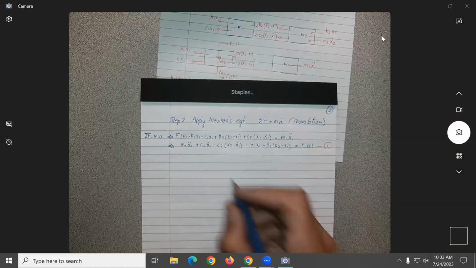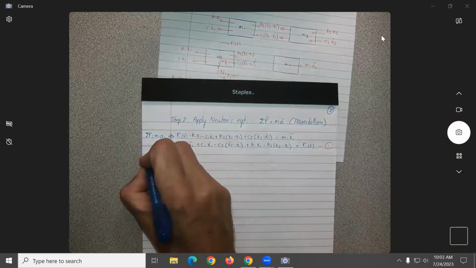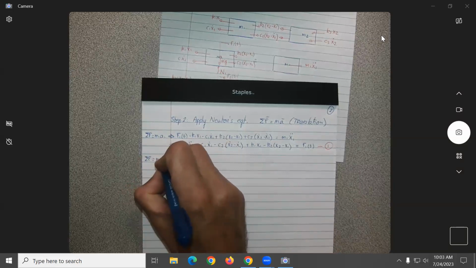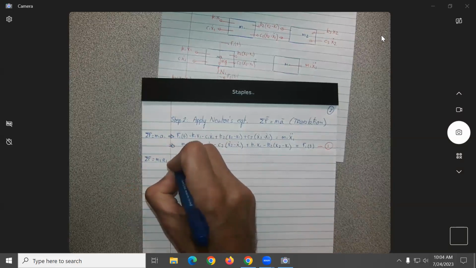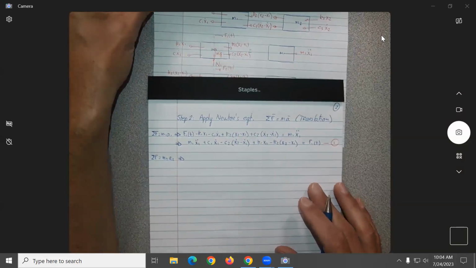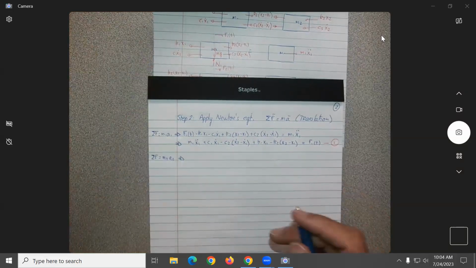We can do exactly the same thing with our second mass, which will be this one. So basically, it's going to be a similar equation.